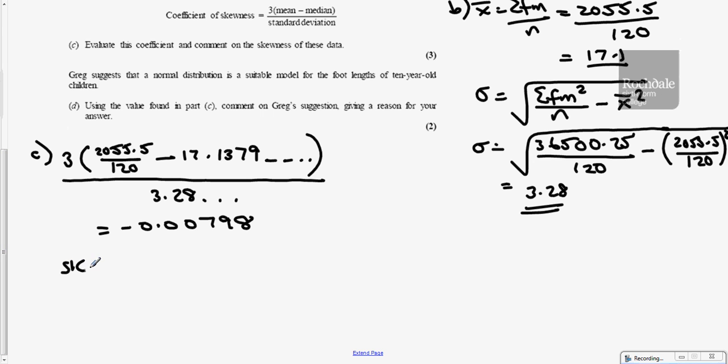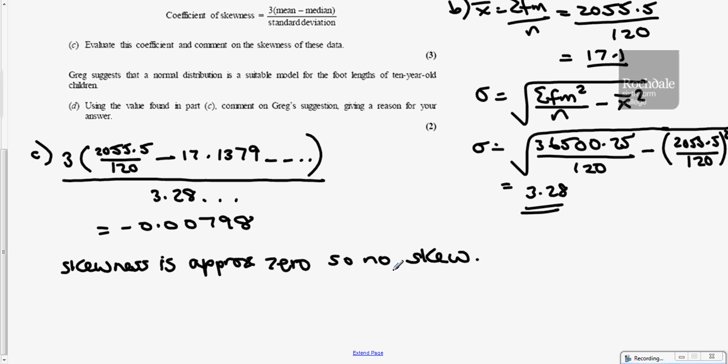So I would say the skewness is approximately 0, so no skew. We would want this number to be a lot bigger for us to be able to say it was a negative skew. It's so close to 0 that it's not really appropriate to say that that's a negative skew.